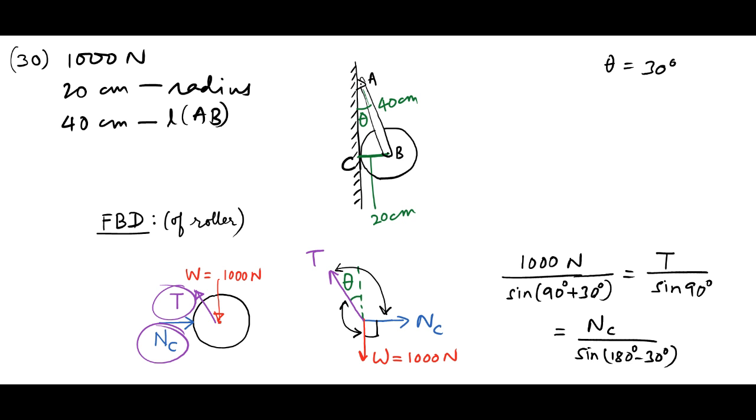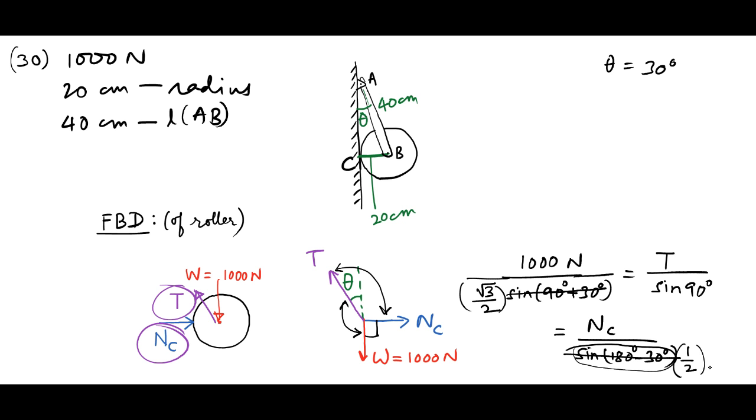Now sine of 90 degrees plus 30 degrees is cos of 30 degrees, so I'm going to write this as cos of 30 degrees, and cos of 30 degrees, as you know, is root 3 by 2. Similarly, sine of 180 degrees minus 30 degrees is the same as sine 30 degrees, and sine 30 degrees is half.